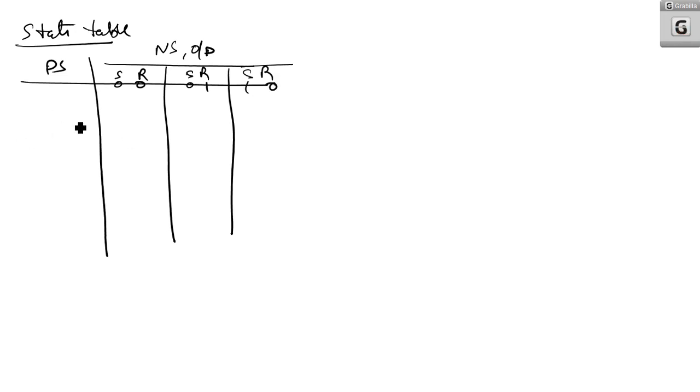Okay. So present state is 0, 1. If S and R is equal to 0, what happens? There is no change. That means next state is 0, output is 0. If this is reset, that is 0, this is also 0.